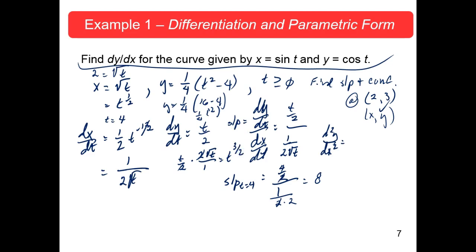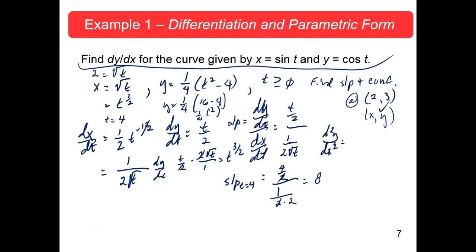There's your dy dx. And let's see if it works. Take the square root of 4, which is 2, cube that, and you get 8. Yeah, that works.